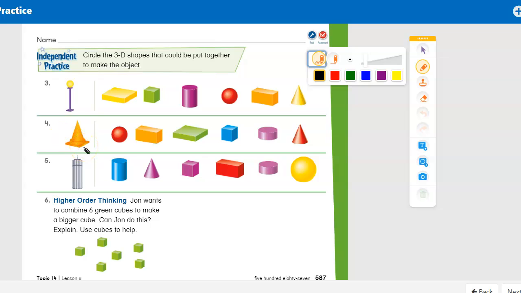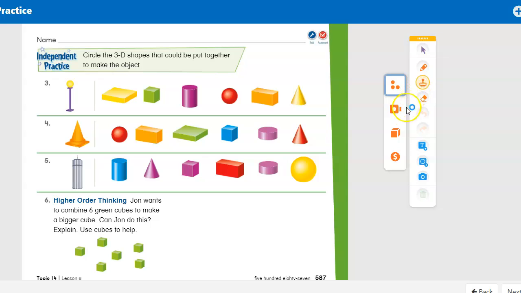Look at this object. Which objects were used to make this shape? I can see the beginning of a cone, and then on the bottom I see another shape attached to it. So you should circle the 2 shapes it takes to make this picture. For number 5, we're going to do the same thing. Look at this object, and which shapes were put together to make this object? Which 2 shapes?